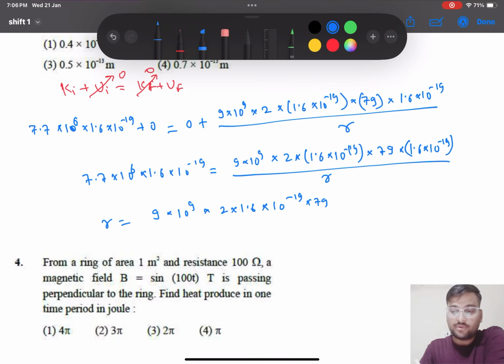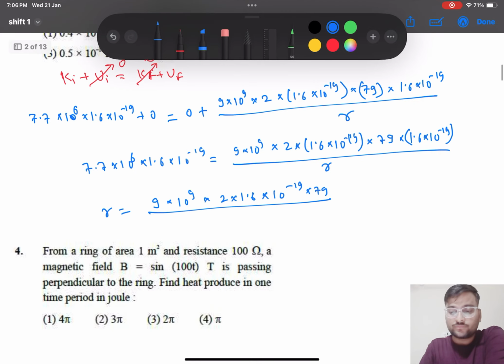So r will become, after cancelling each and every term, 9 into 10 power 9 into 2 into 1.6 into 10 power minus 19 into 79 divided by 7.7 into 10 power 6.